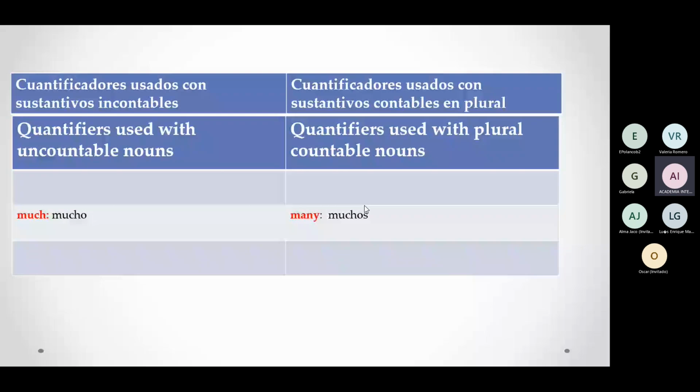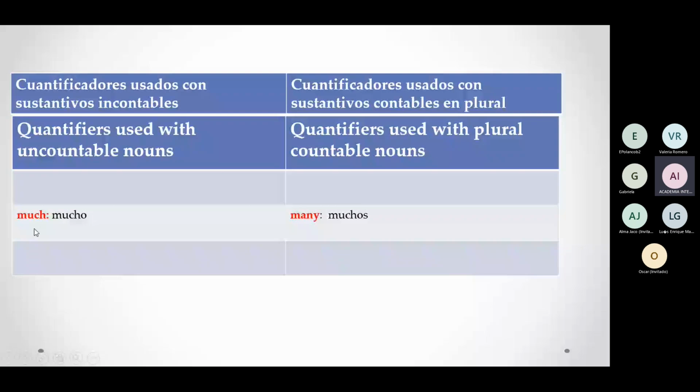Esa es la diferencia. Much es usado para hablar de sustantivos incontables, y many se usa para hablar de sustantivos contables en plural. So, do you know what plural means? More than one thing. Más de una cosa, ¿verdad? Cuando hablamos de más de una cosa.